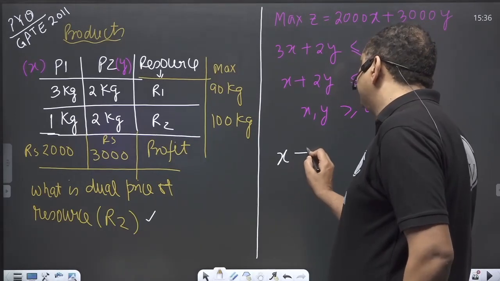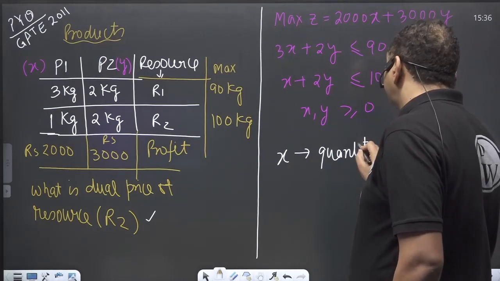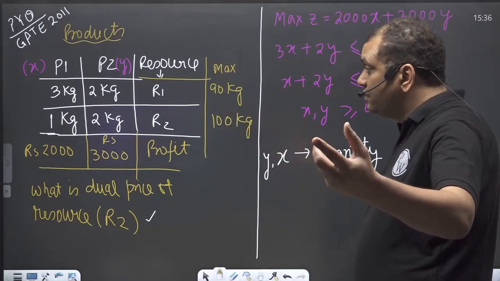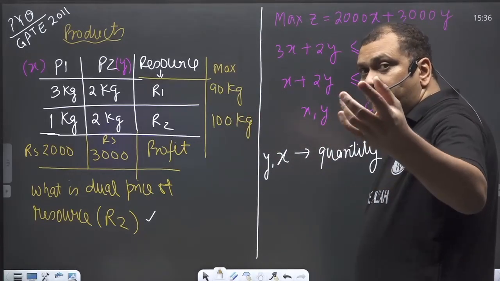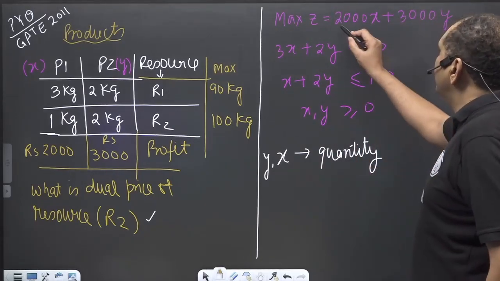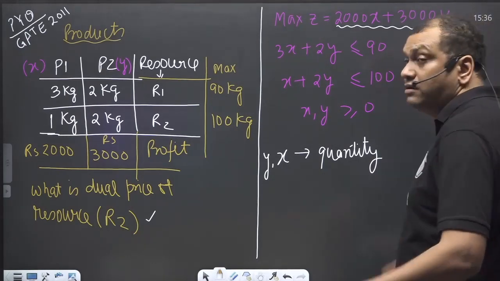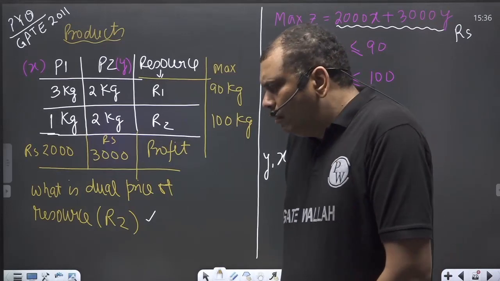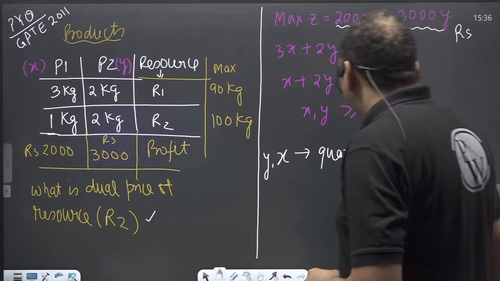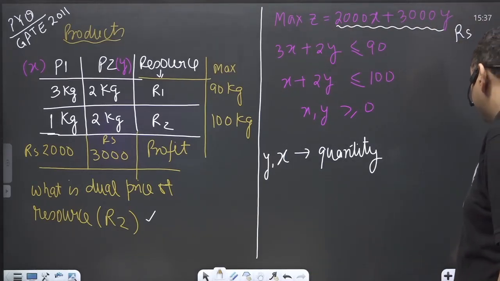What is x? x and y are the quantities, the number of products P1 and P2. It's a number. And the objective function is in rupees. Is that okay? Now I want to convert this into matrix form first.